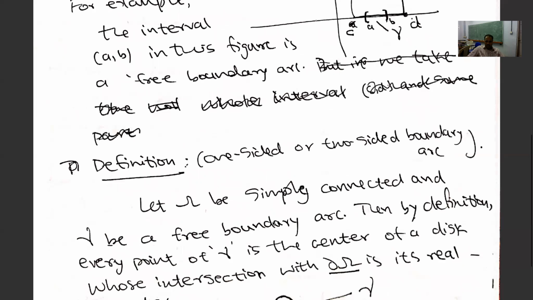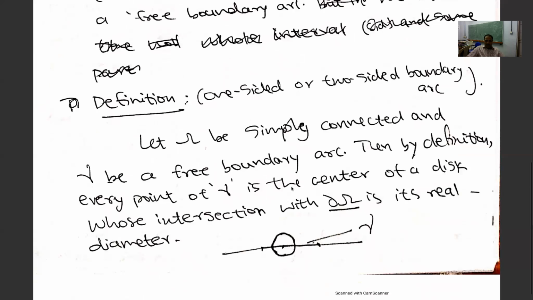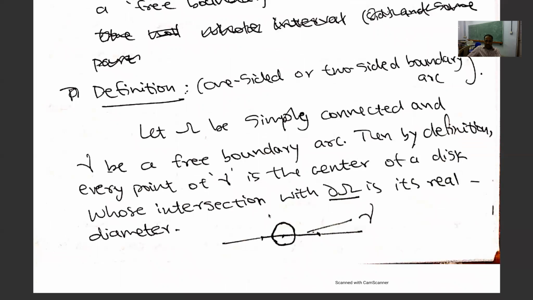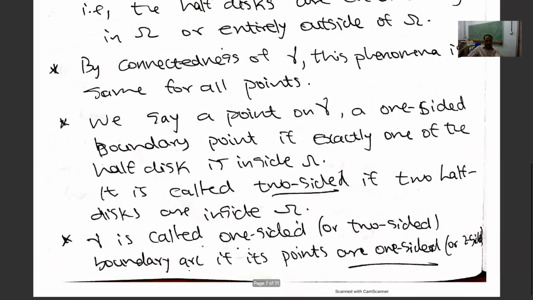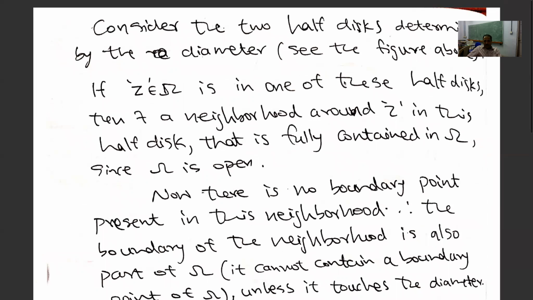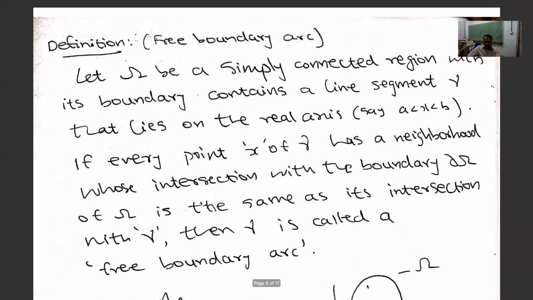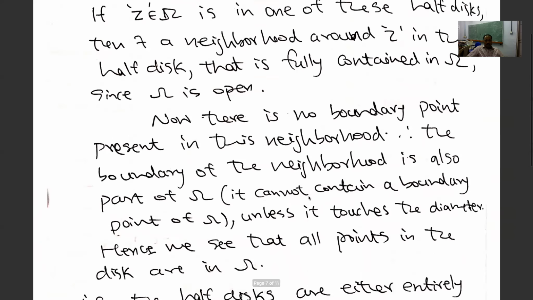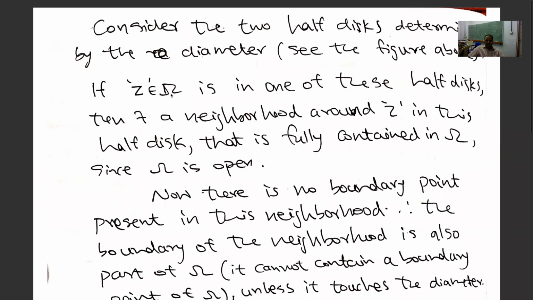Now we define what is a one-sided or two-sided boundary arc. Let omega be simply connected and gamma a free boundary arc. Then by definition, you have a neighborhood like this, such that this line is the only intersection with the boundary of omega. Consider the two half disks determined by this diameter, the upper half disk and the lower half disk. Now, you start from an element of omega which is in one of these half disks.